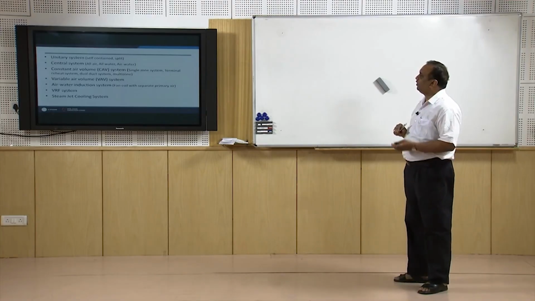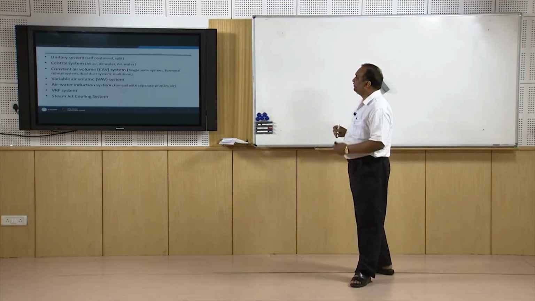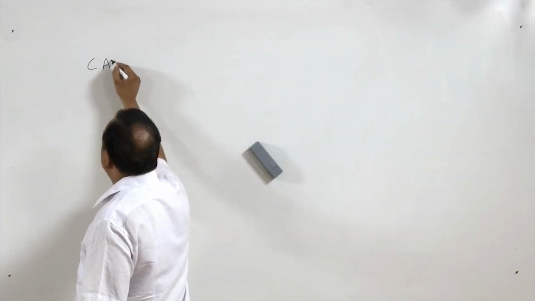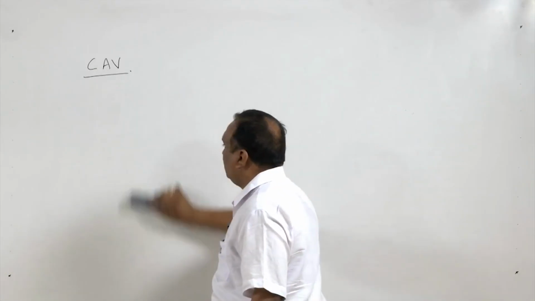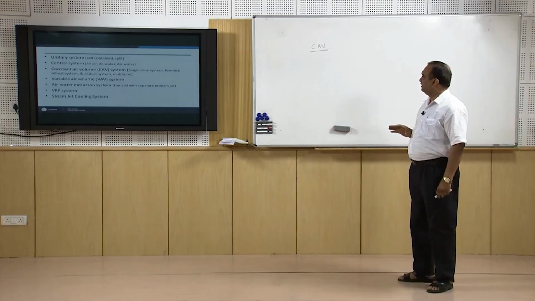Now, third one is constant air volume system. Now, these unitary systems like window AC, split AC, most of the system or earlier system, they were constant air volume systems. Constant air volume system means constant volume of air is discharged in the room, right.